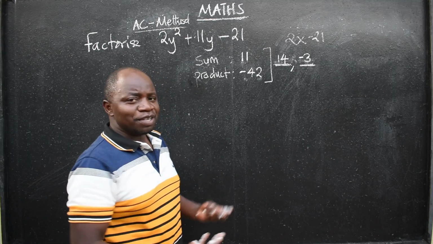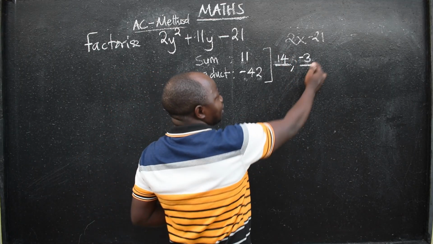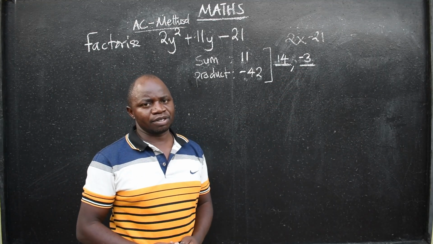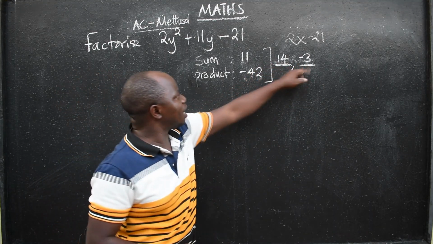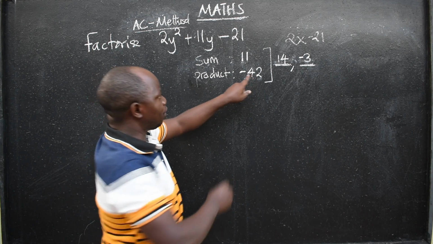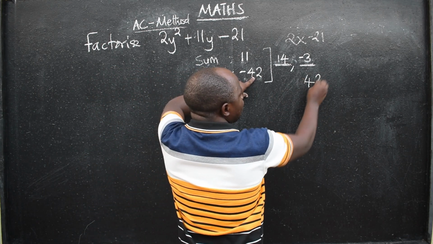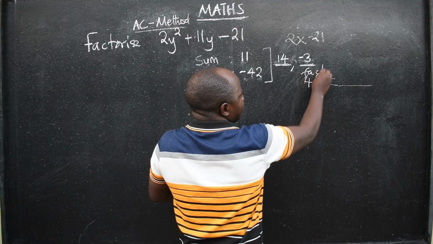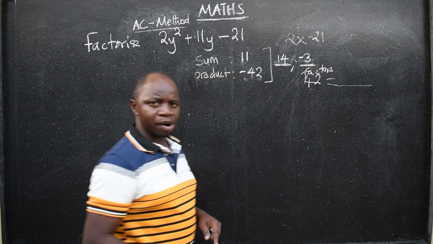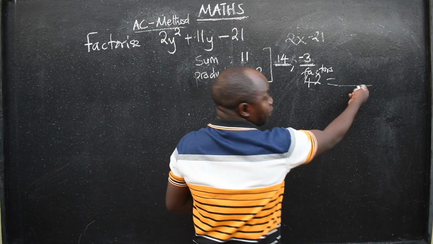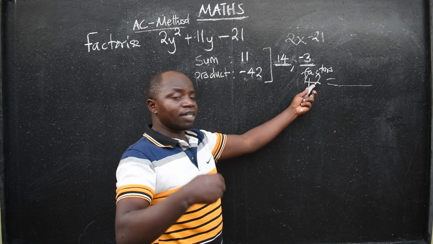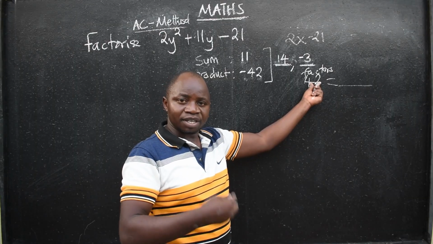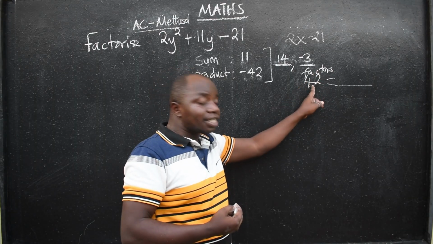Now sometimes you may be having difficulties in identifying the two numbers. Like, sir, where are you getting these two numbers? Always know that we get the numbers from the product. So the product in this case is 42. So you should list down all the factors of 42. When you say factors of 42, we're talking about numbers that can go into 42 without leaving a remainder. Those are factors.